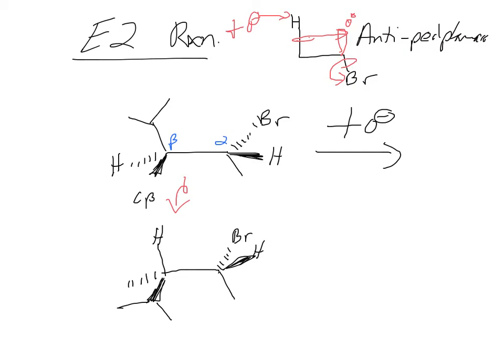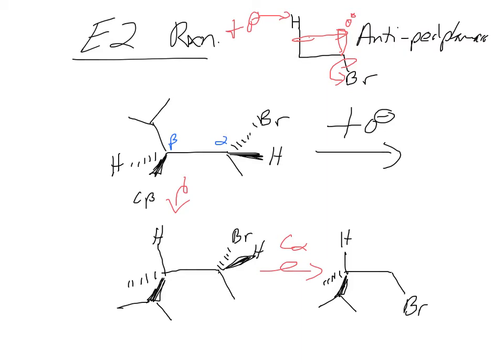Now we need to do one last rotation. We rotated about the beta carbon. Now we want to rotate about the alpha carbon, because we want to get the bromine in this position in the plane. The part that didn't change, just draw that in. Let's put the bromine where we want it.